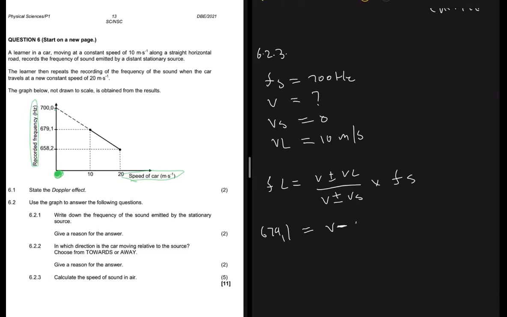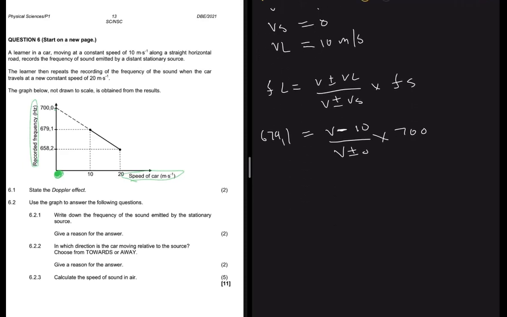If it was moving towards, then we're going to have a plus. So there we're going to have V minus 10 divided by the velocity of sound in air, and then the listener stationary, so we're going to have plus or minus 0 multiplied by frequency of source. Frequency of source is 700 Hertz, so we're just going to have that there.